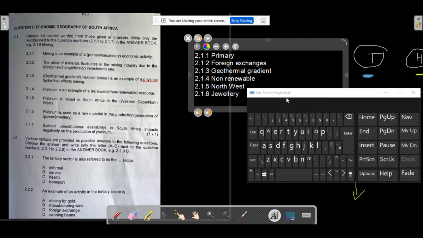Then in 2.1.7, labor unrest or labor availability in South Africa impacts negatively on the production of platinum. Okay. It's labor unrest, of course, the strikes, guys, and we've seen a lot of incidents.